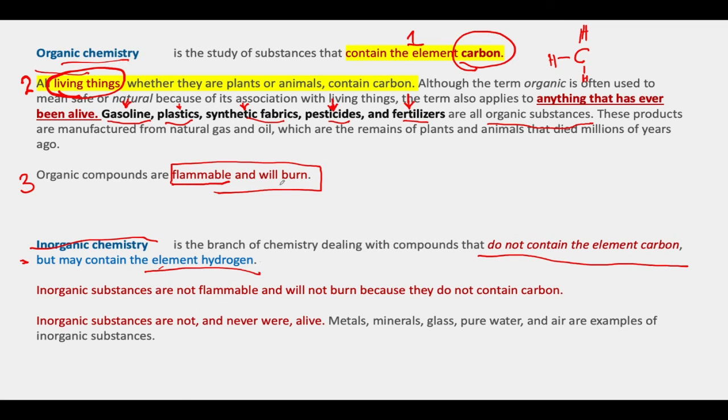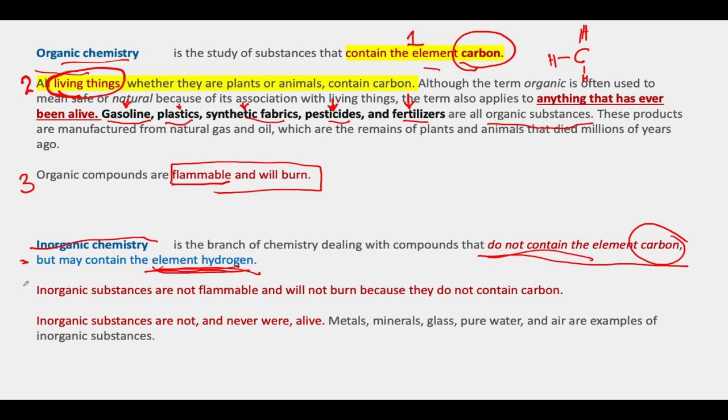And so just a little bit of a distinction. Don't put too much emphasis on this one, stay with the idea of carbon, whether carbon is there or not there. If it's there, it's organic chemistry, and if it's not there, then it's inorganic chemistry.